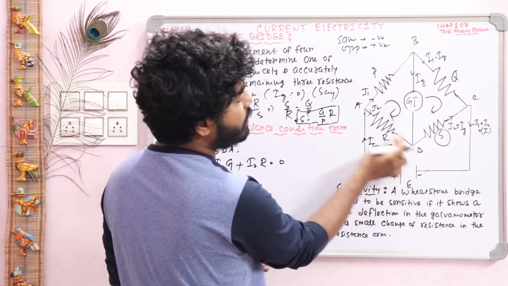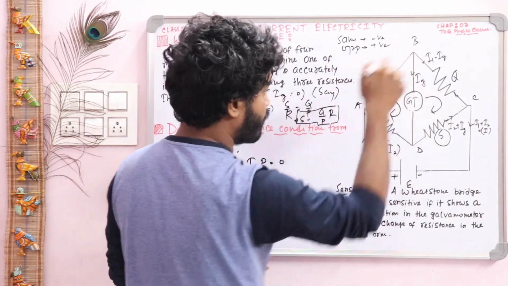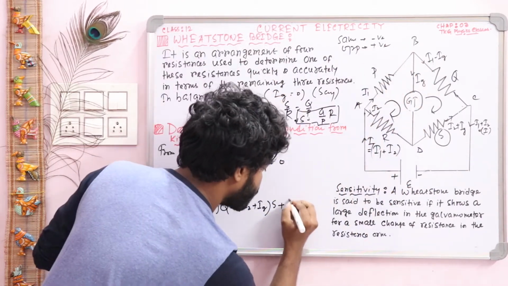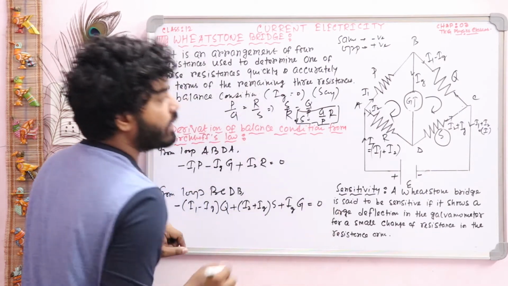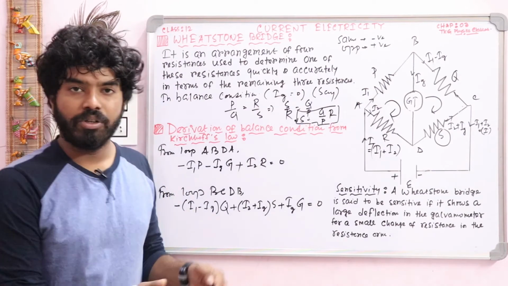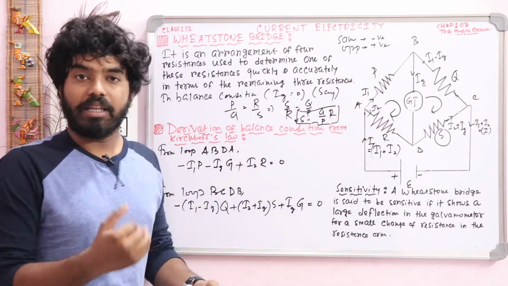And from D to B, your direction and current direction is opposite, so this one will also be positive, that is plus Ig into galvanometer resistance G, that is equal to 0. So first of all you have to consider the loop, then you apply the KVL.